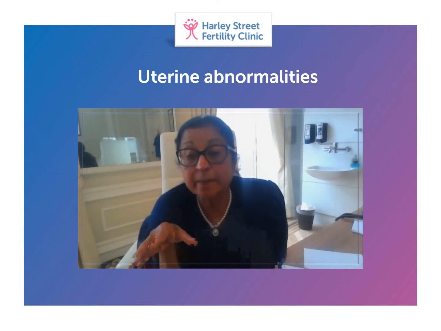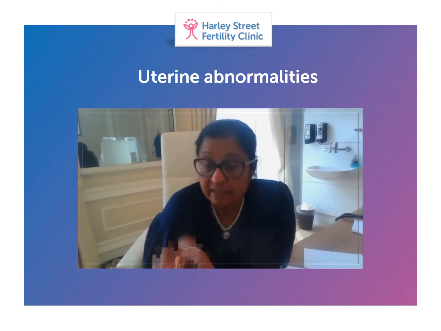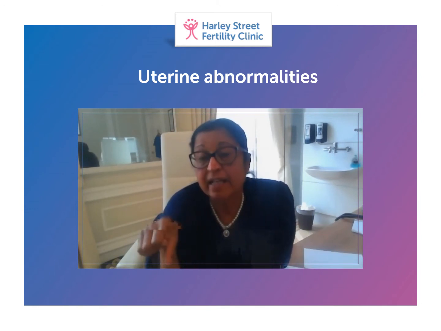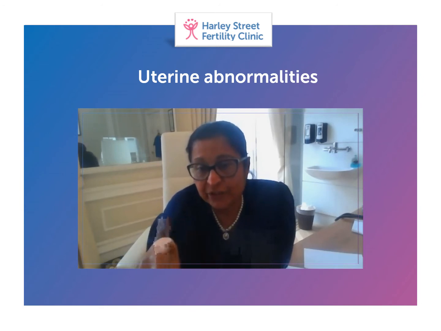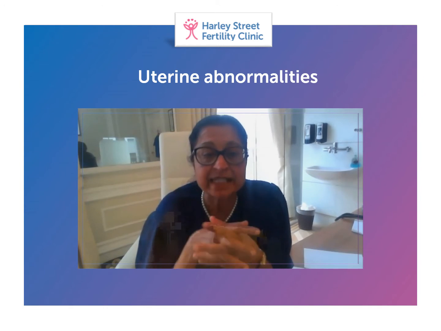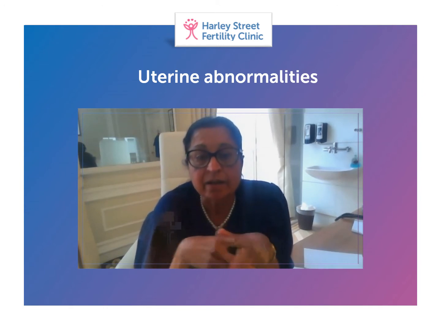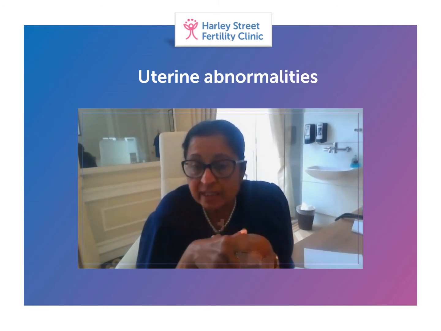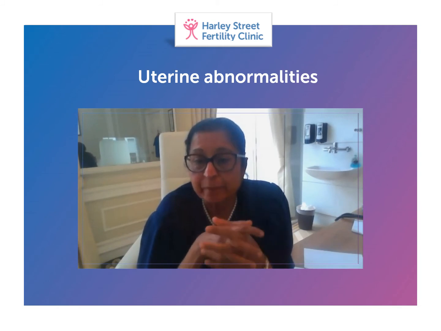But next we come to the uterus, the uterine environment, and the implantation issue. So if there is anything to do with uterine abnormality like uterine septum or scar tissue in the uterus, this can interfere with the implantation.